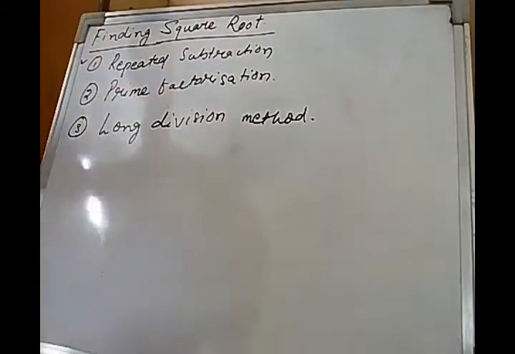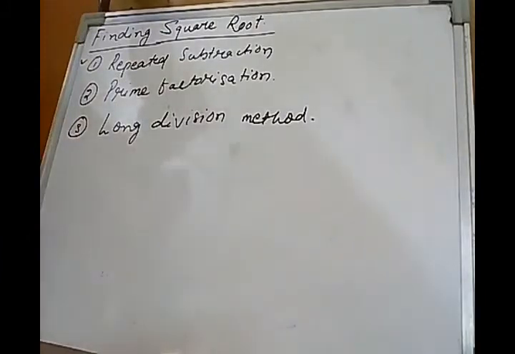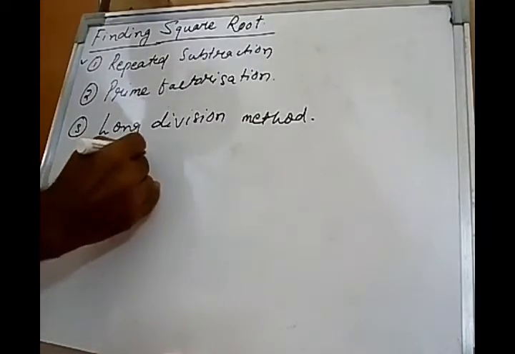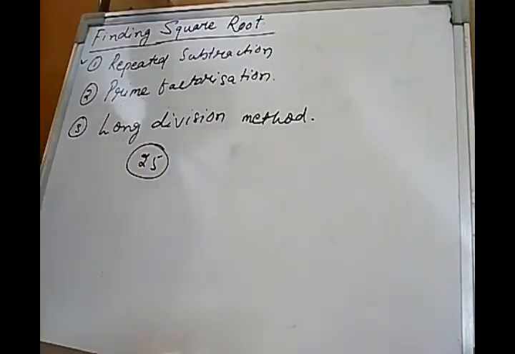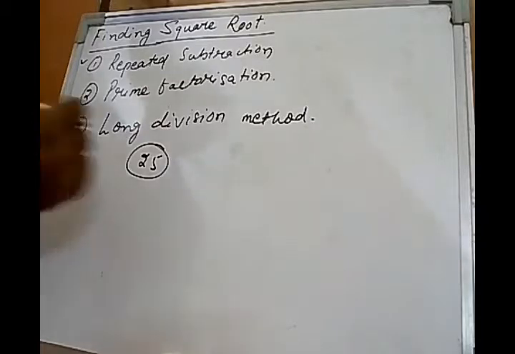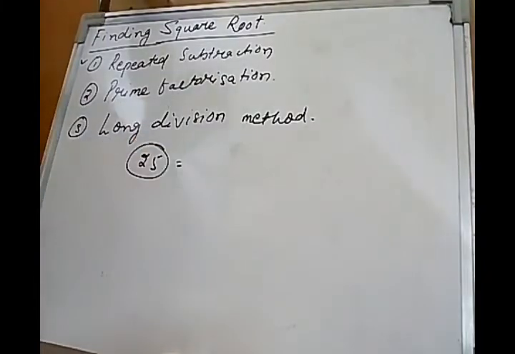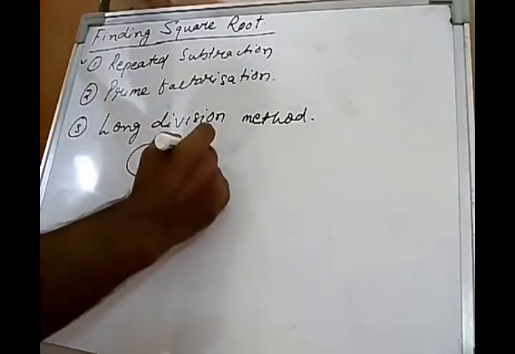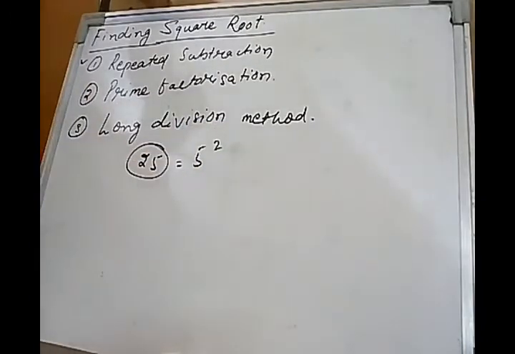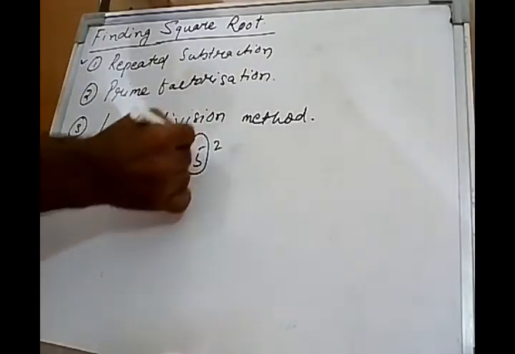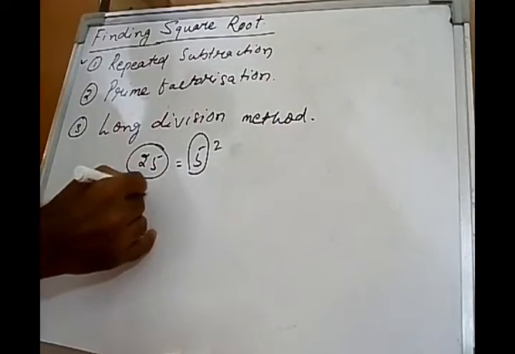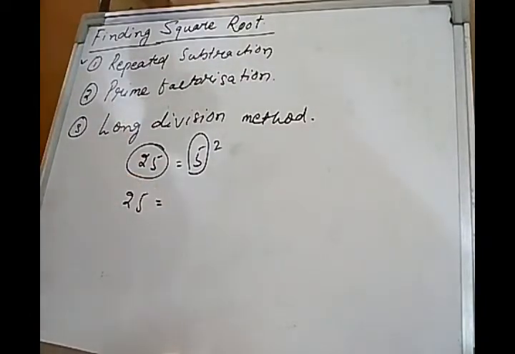We know all the square numbers are the sum of the first n odd numbers. For example, suppose 25 is a square number. 25 is whose square? 5 square. So 25 is the sum of the first 5 odd numbers.